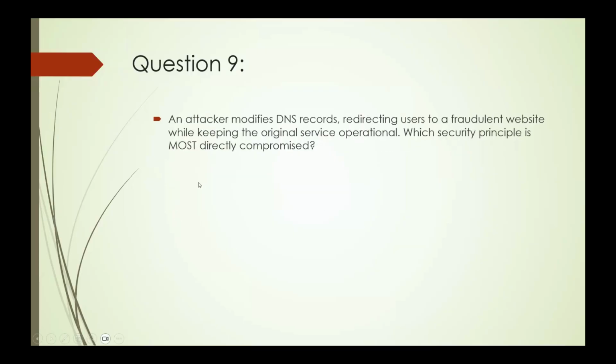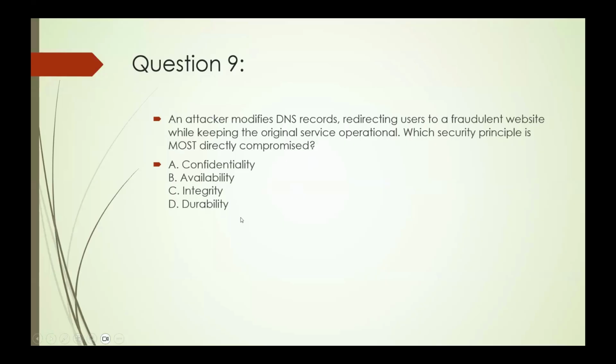Next one. An attacker modifies DNS records, DNS meaning domain name server, redirecting users to a fraudulent website while keeping the original service operational. Which security principle is most directly compromised? Confidentiality, availability, integrity, or durability.